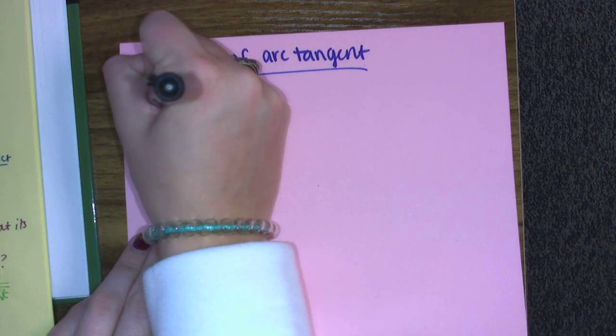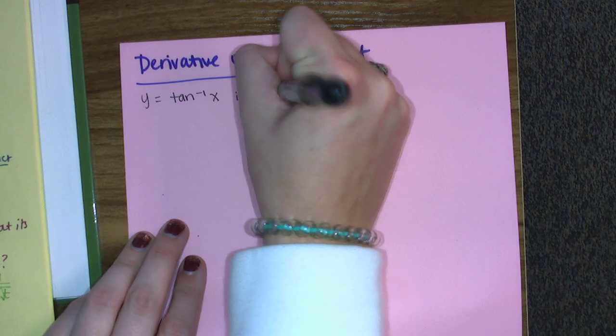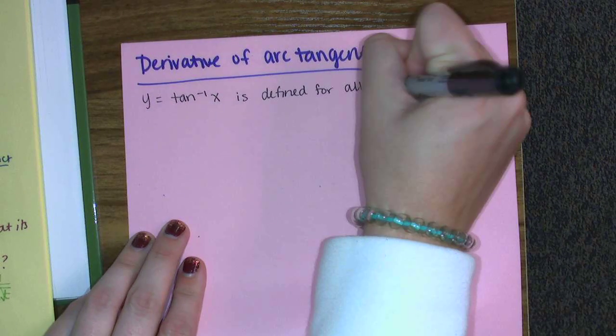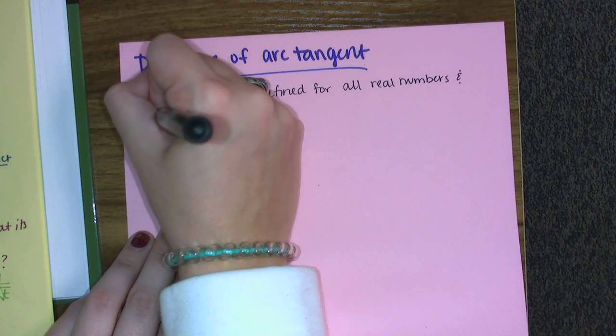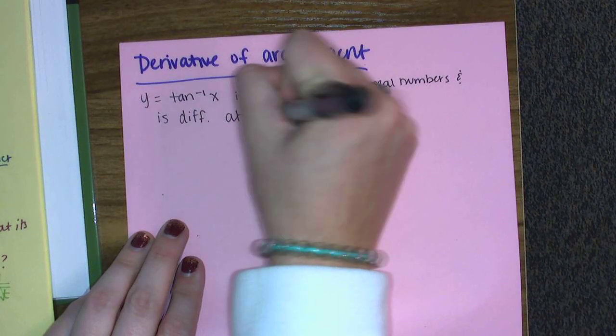So y is equal to the arctangent of x is defined for all real numbers and is differentiable at all real numbers.